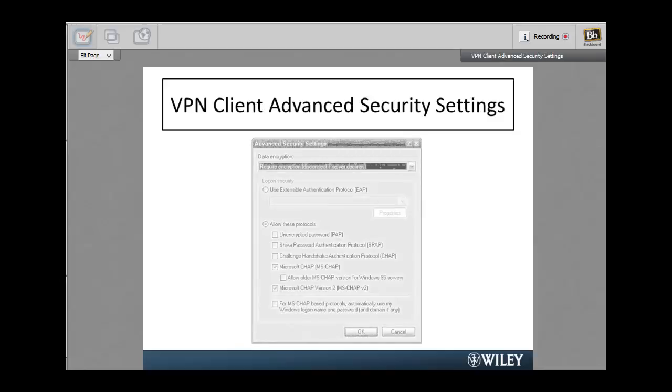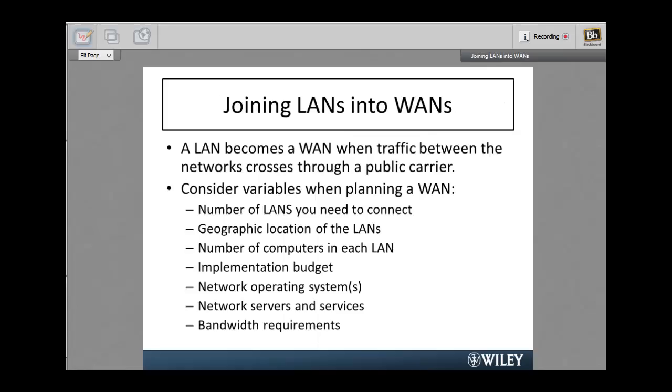These are all about settings and how you configure. Joining LANs into WANs. A LAN becomes a WAN when traffic between the networks is processed through a public carrier.